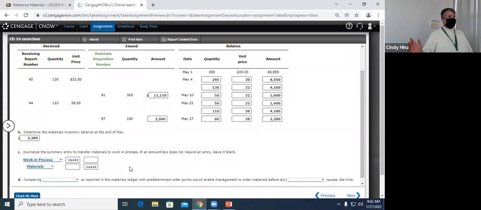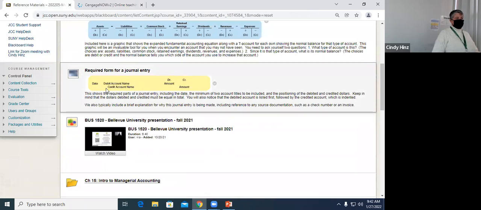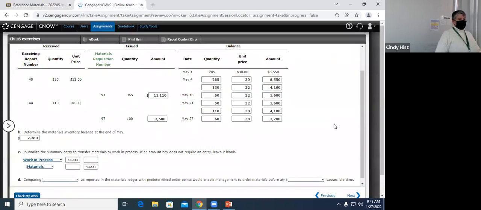If I had done this entry backward, if I had put the materials first and still put the credit, it would look very strange because it would be indented on the top, and that's not what it should look like. It needs to look like just what you see here with the credited account indented and listed after the debited accounts. And so there's our journal entry, the summary entry. So we combine those two transfers together.